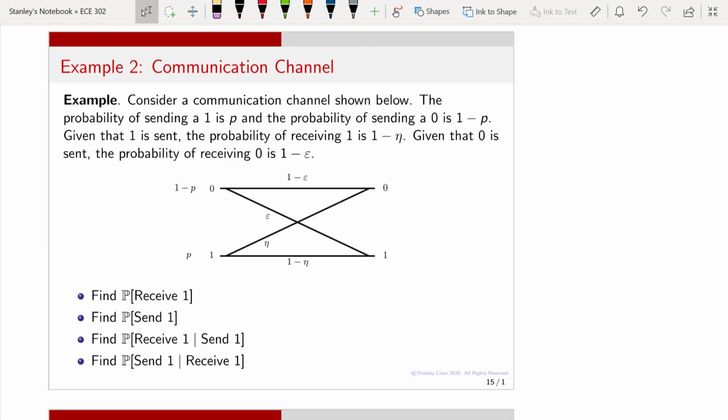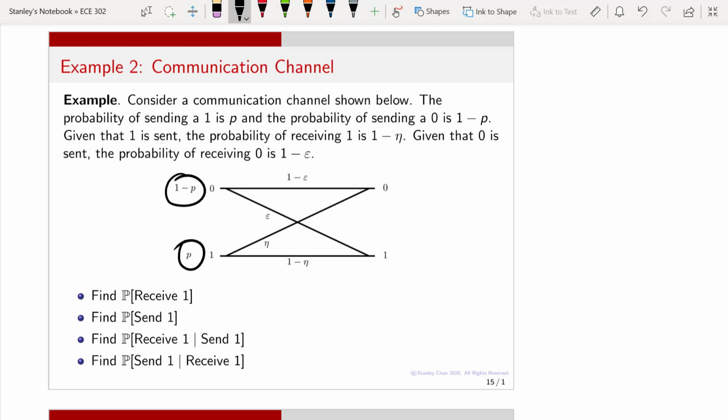So now let us consider another example. In this example, we are studying a communication channel. The probability of sending a 1 is P, and the probability of sending a 0 is 1 minus P. This is a digital communication channel where you are sending either 1 or 0.